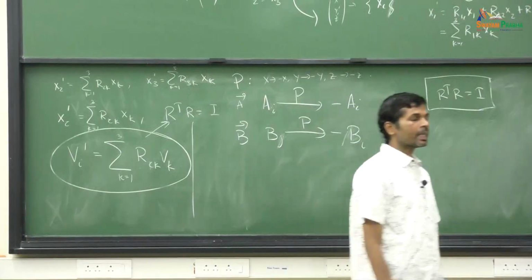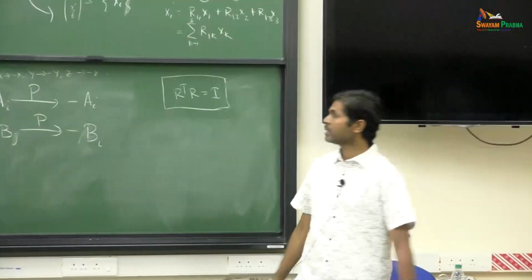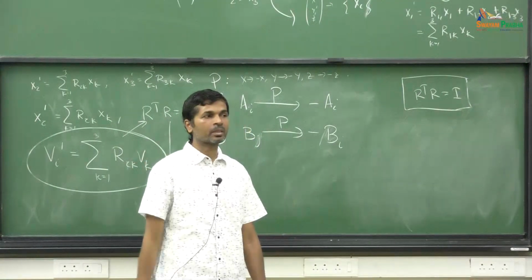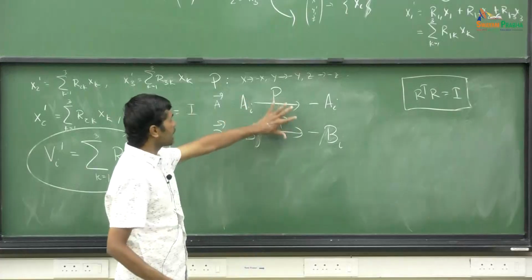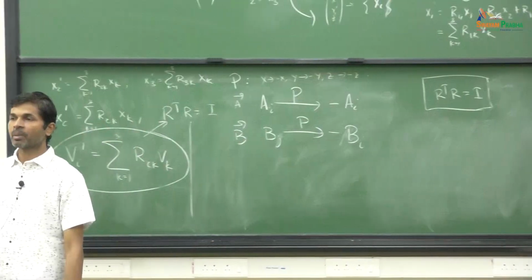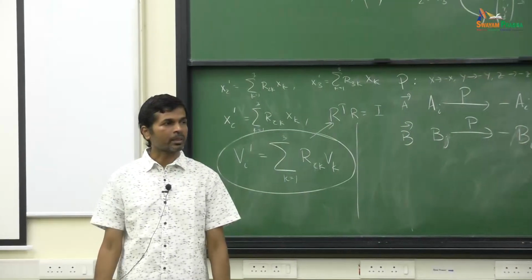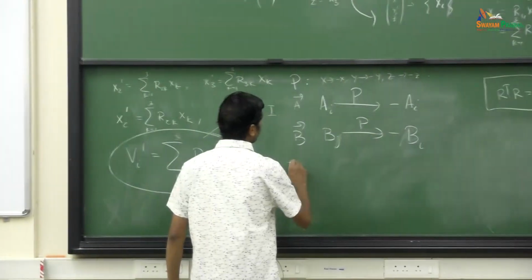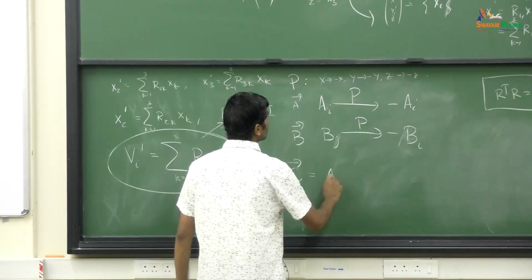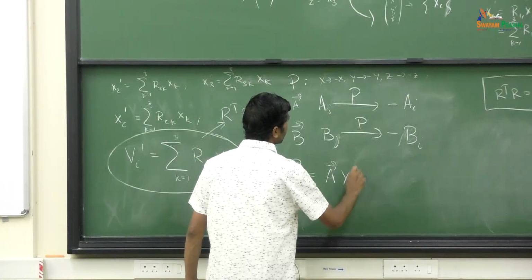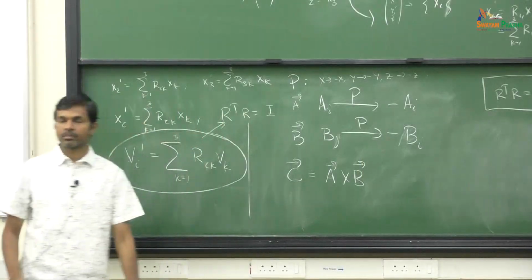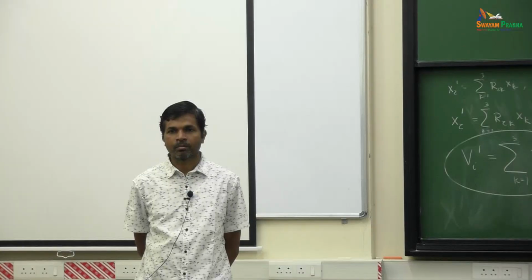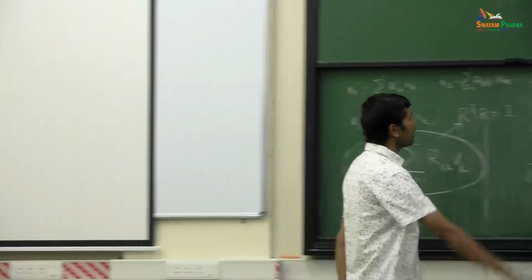Suppose I take 2 vectors. Under rotation, they transform exactly like the position vector. Under parity also, they transform exactly like the position vector. Now you introduce a third vector C, which is the cross product of A and B. Now I don't have any choice.